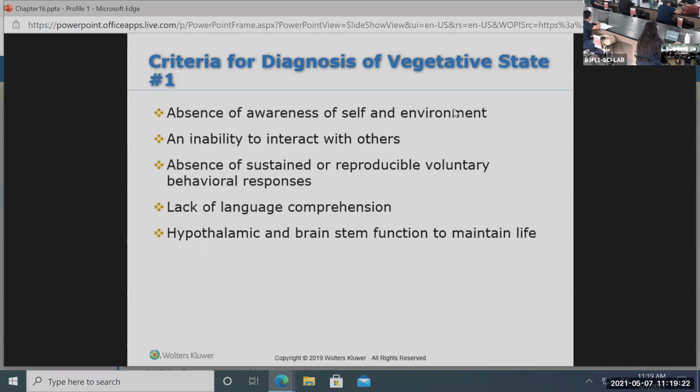Number one, absence of awareness of self and the environment. I don't know what I'm doing. Number two, inability to interact with others. Number three, absence of sustained or reproducible voluntary behavioral responses.